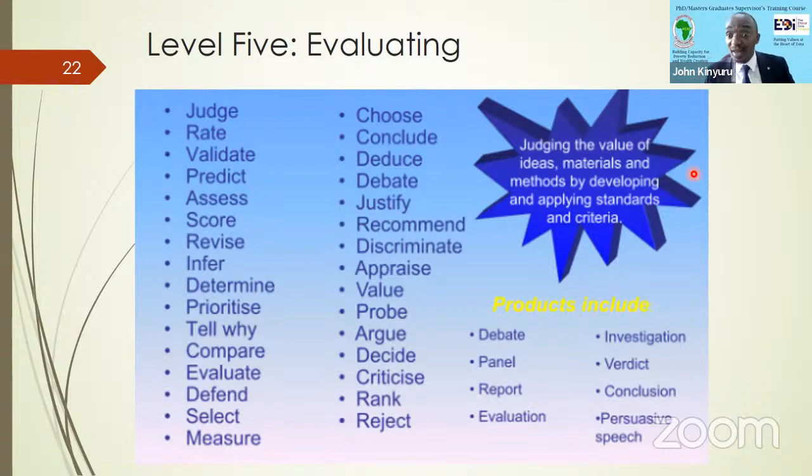When you're validating methods or models, you're saying this model had been used to study a certain population in Southern Sudan, for example. But can the same model apply to the pygmies in some forests in Uganda or in Congo, right?